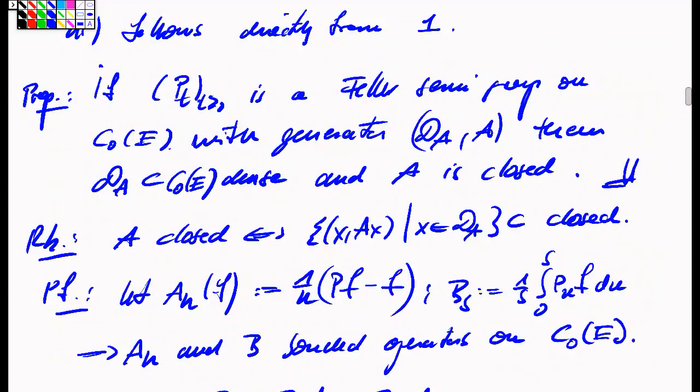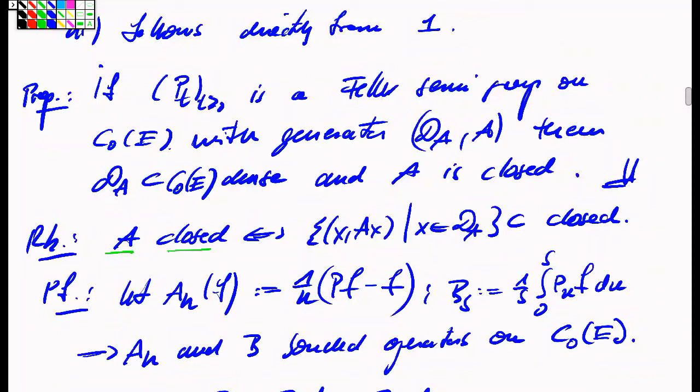Recall that an operator which is defined on a Banach space is closed if the graph of the operator is a closed subset of the Cartesian product of this space, which means the following.